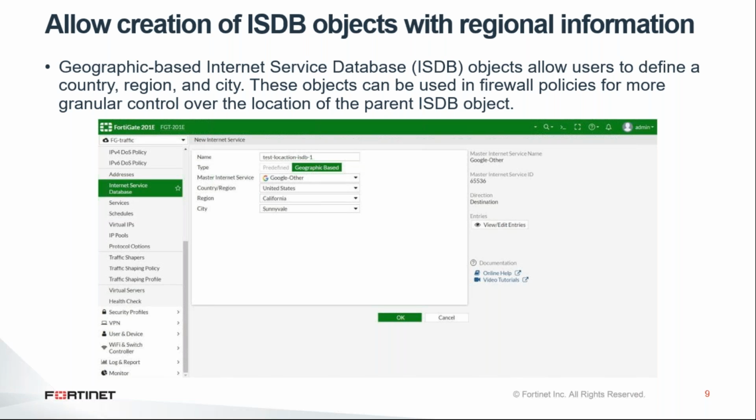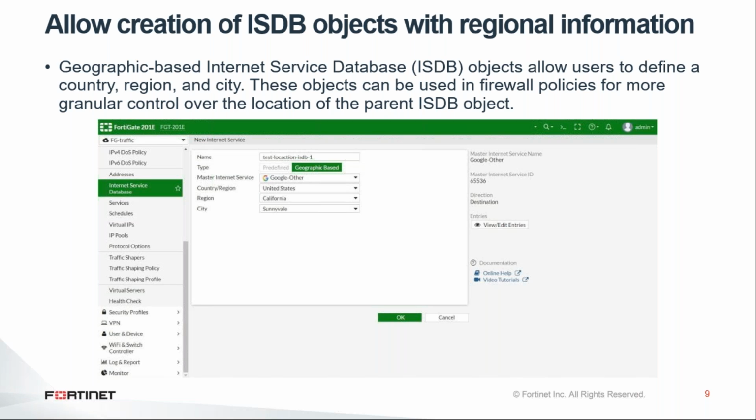This is a database that has an inventory of internet services, whatever kind of internet services, with where they are located, the region, the city, the IP addresses, the port numbers, etc. In certain scenarios, customers want to use this Internet Service Database but only use, for example, in this case, Google services that are available in the US. That's what you see here.